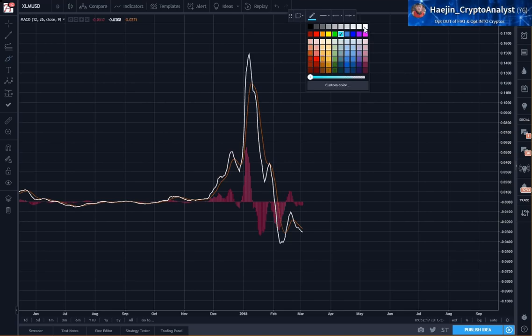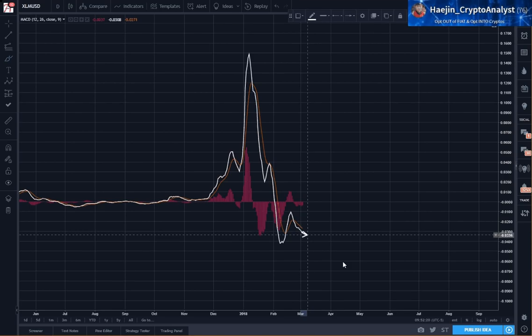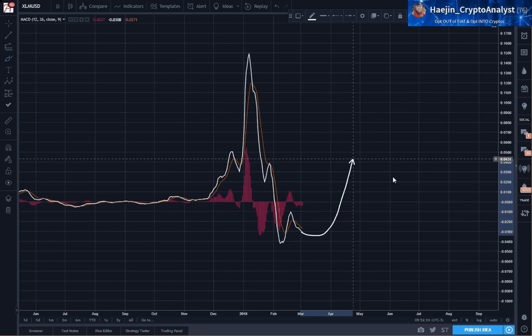If that price explosion happens, this could turn around, cross the zero line and go positive. This is the 12-day. Then the 26-day, which lags, will go positive as well.